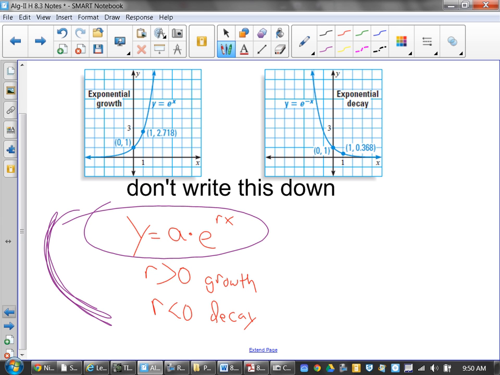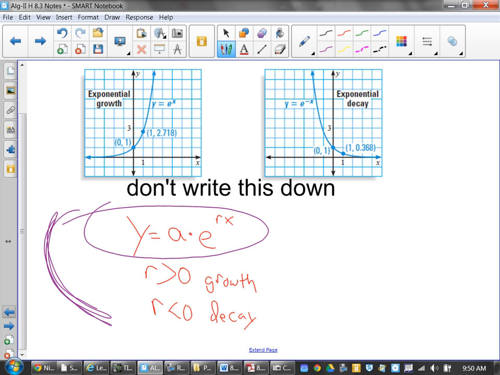When you have A times e to the rx, r is your rate, x is your variable. A is still your initial value, your y-intercept. Because if x is 0, what's r times 0? What's e to the 0? 1. What's 1 times A? A. There's your y-intercept.